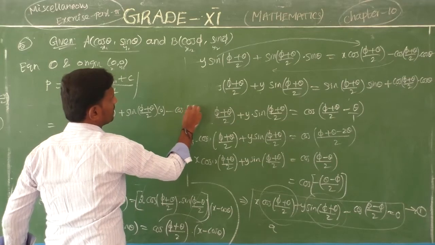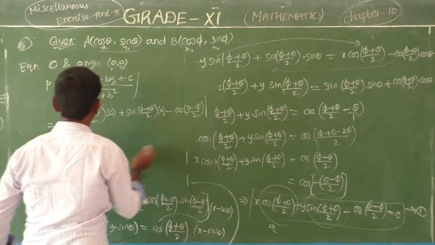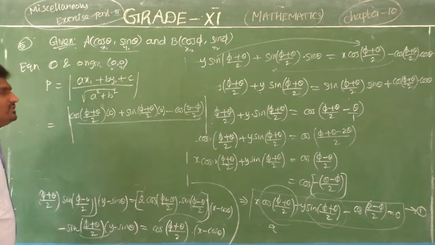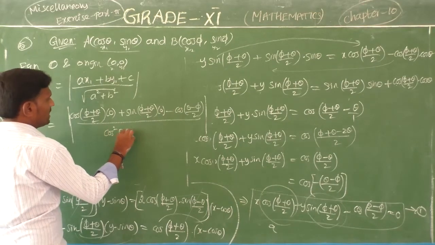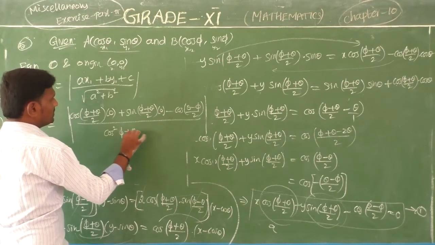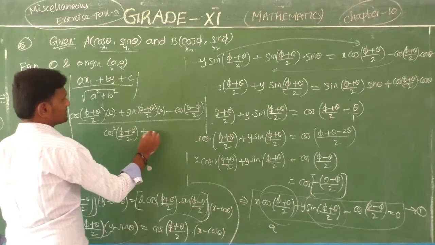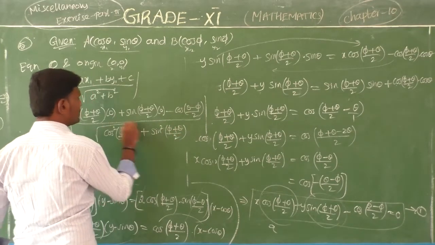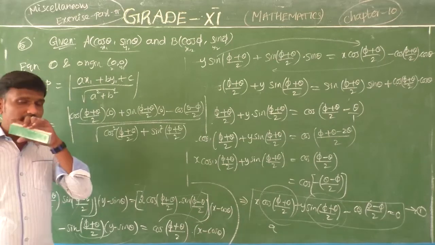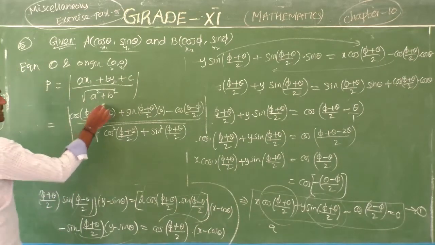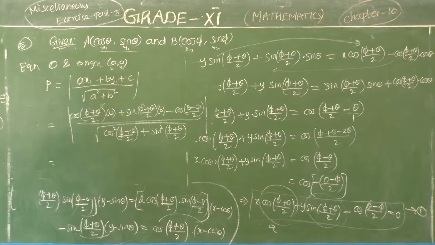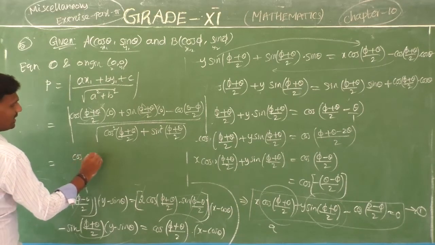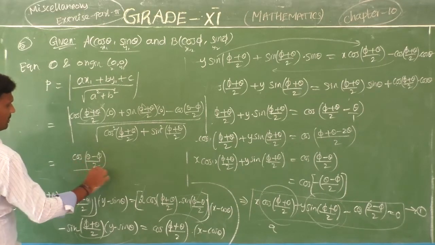Cos of (theta minus 5 by 2), whole divided by, to have a square plus b square, means square root of cos square (5 plus theta)/2 plus sin square (5 plus theta)/2. Okay, so this is the formula. Cos square theta plus sin square theta is 1, and these two terms will be cancelled, 0 and anything like that. Okay, so minus what will come? Modulus means we get cos of (theta minus 5 by 2) by 1.